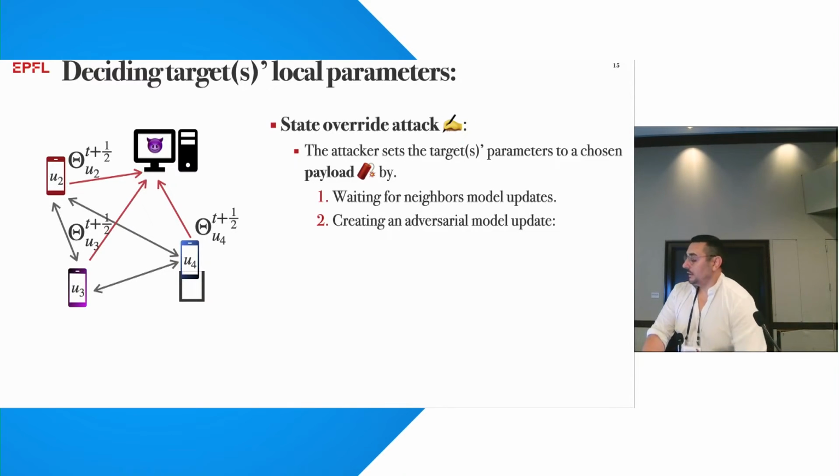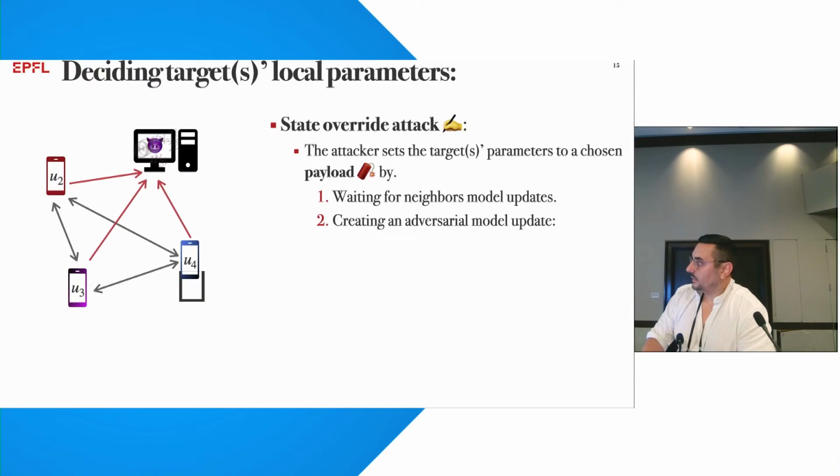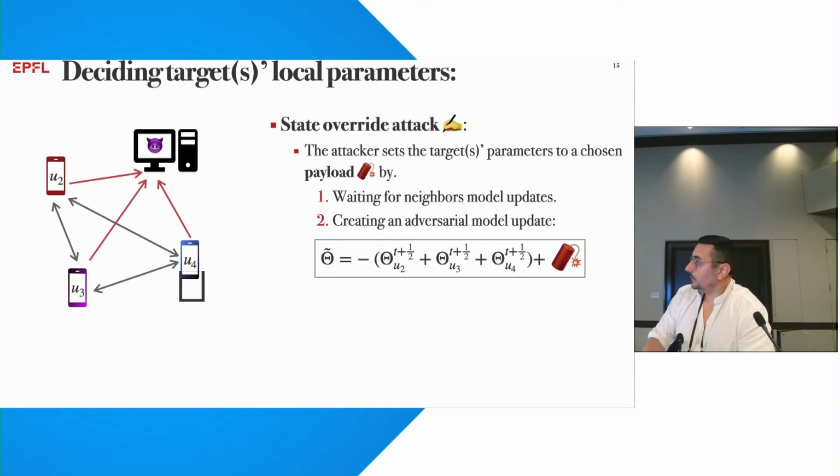Another attack is something that we call the state override attack. Here, the attack shows that the attacker can replace the local parameters of a user with a chosen payload. In order to do that, the only thing the attacker has to do is to wait for the model updates of the neighbors of the target, and then use this information in order to craft adversarial model updates.